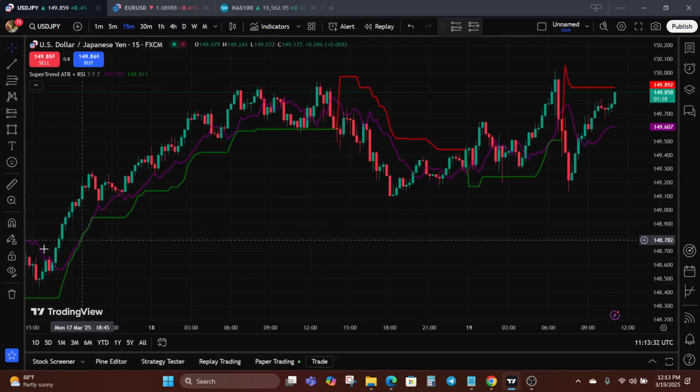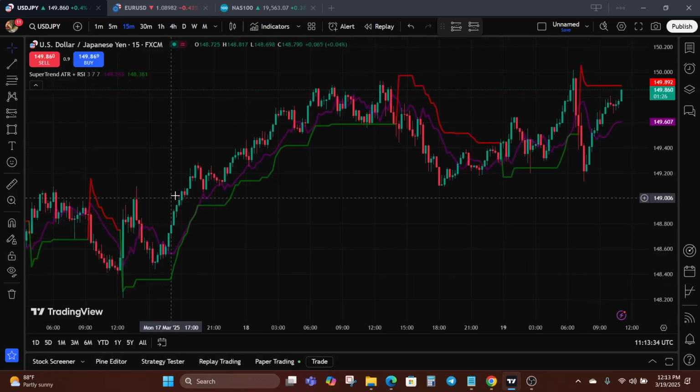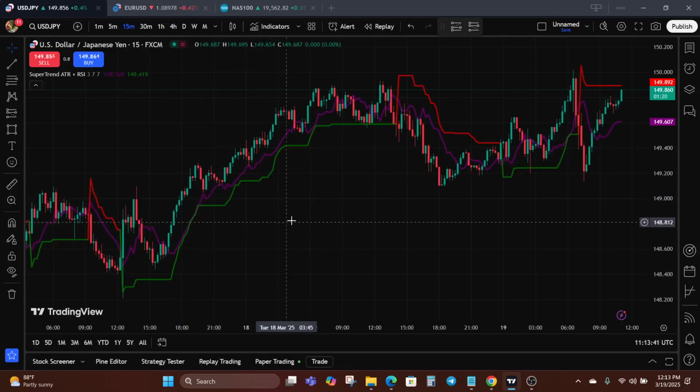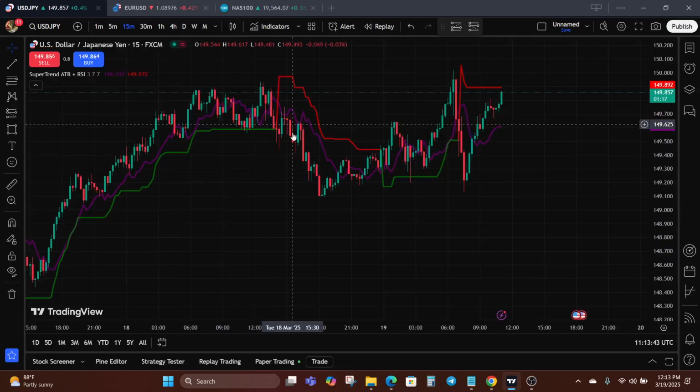When price is trading above the indicator, being rejected, and the indicator serving as a dynamic support, it shows that it's a buy trend. And when price is trading below the indicator, being rejected from the indicator, while the indicator is serving as a dynamic resistance, it shows a sell trend.